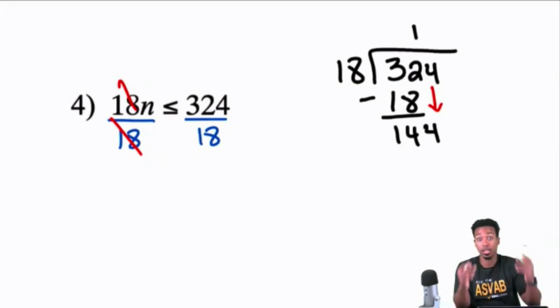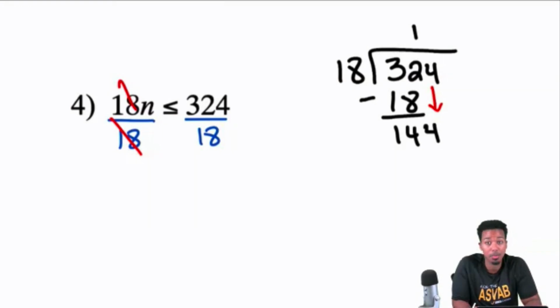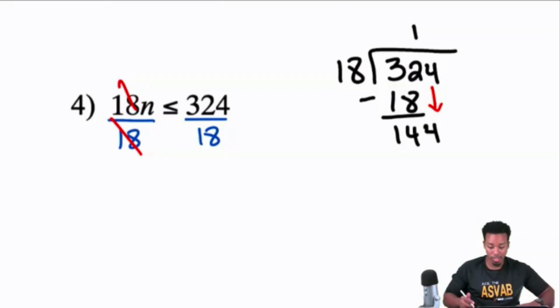This is where we look at it like, oh, crap. How many times does 18 go into 144? Alex, you want to take a guess at 8? It's not 12. Hey, let's try 8.